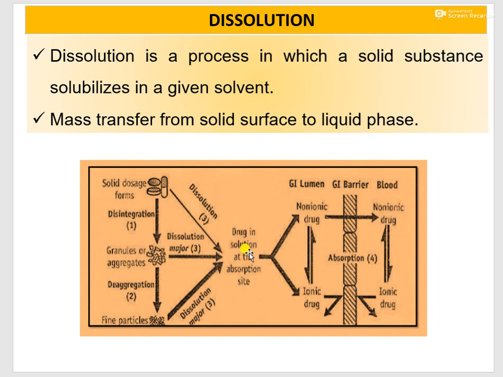Now the drug present in the solution, when it passes the GI barrier, will be absorbed and available in systemic circulation, that is in blood. Means for absorption, this dissolution process is very important.